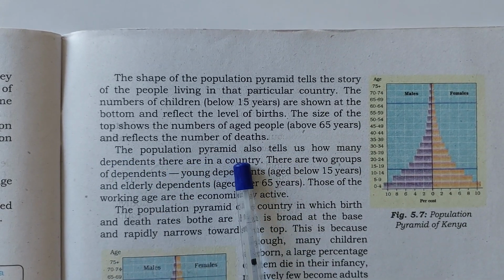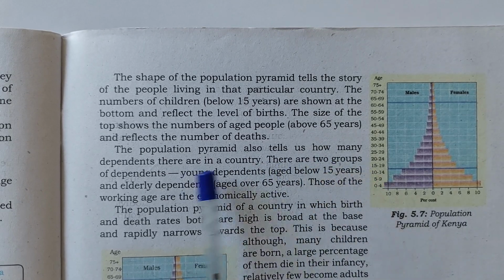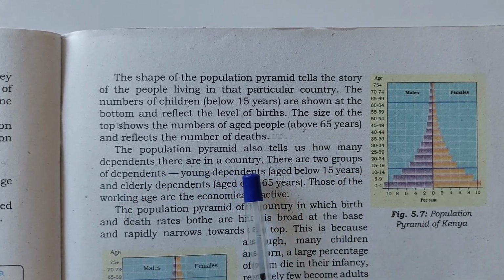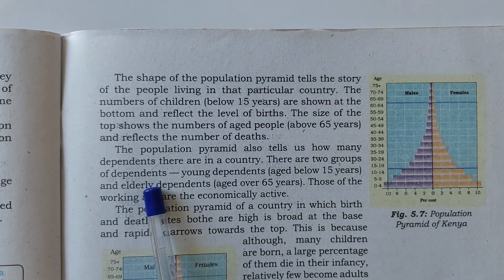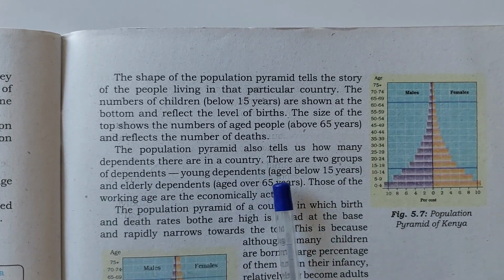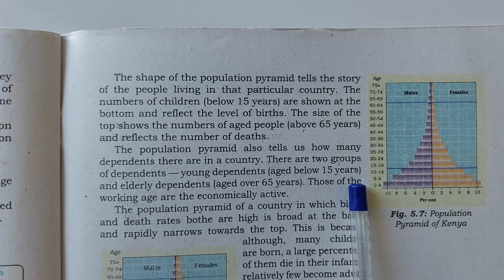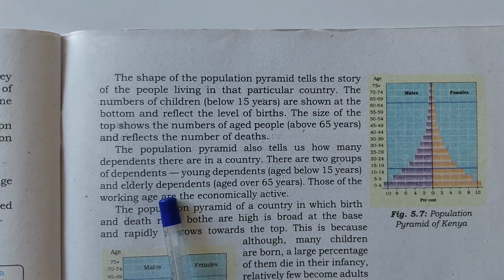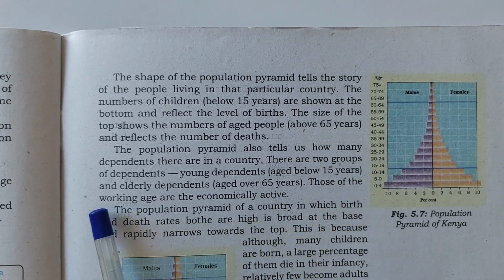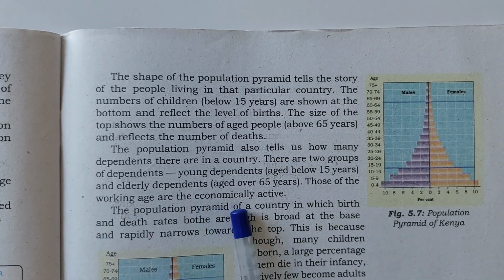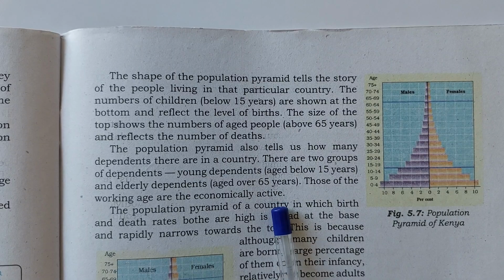The population pyramid also tells us how many dependents there are in the country. There are two groups of dependents: young dependents aged below 15 years and elderly dependents aged over 65 years. Those of the working age are the economically active.